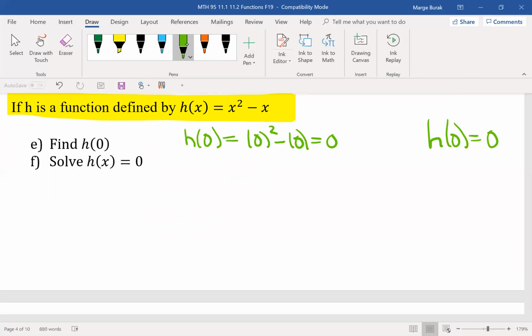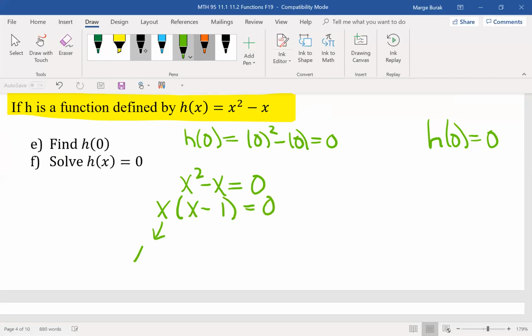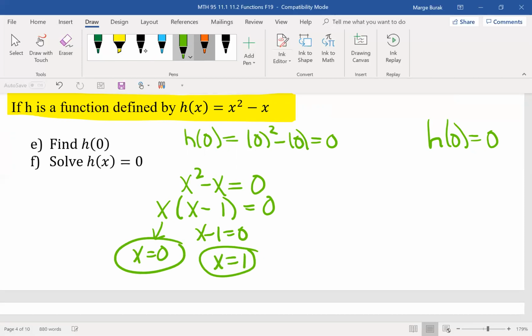Okay, and then F is, hey, solve your equation for 0. So I'll do x squared minus x equals 0. It's a binomial. So as if any trinomial, I'm going to factor what they both have. They both have an x, leaving me with x minus 1. Then I set both of these equal to 0. So x equals 0 or 1.